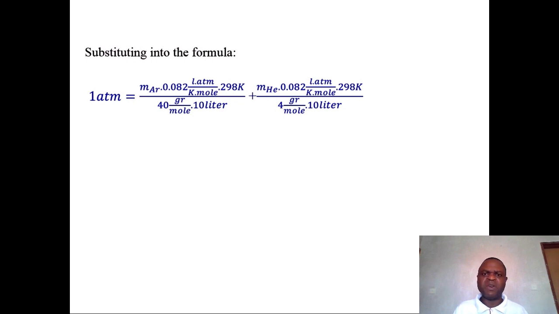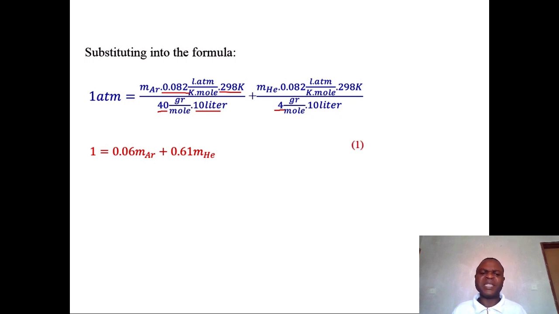Then the volume and the temperature are the same. So after doing that, we get this equation: 1 is equal to 0.06 mass of argon plus 0.61 mass of helium. So we get equation number 1.